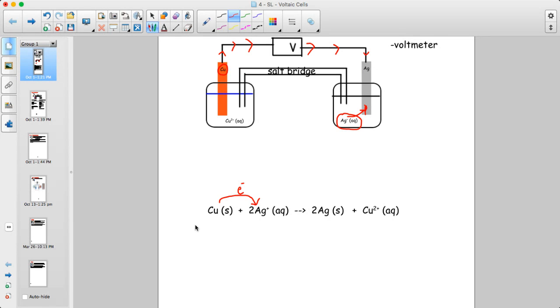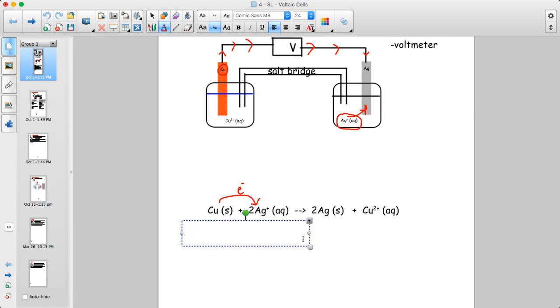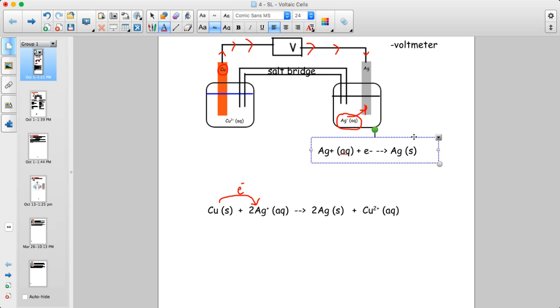So just like in the previous activity series video, the net reaction for silver is that the ions are going to get reduced. They're going to gain electrons, and they're going to turn into Ag solid. That's the half equation that's taking place over here.